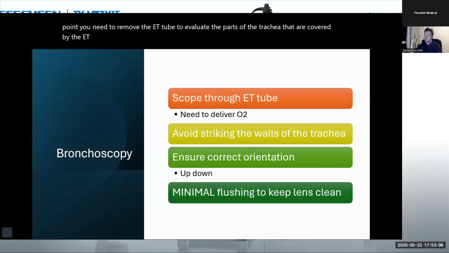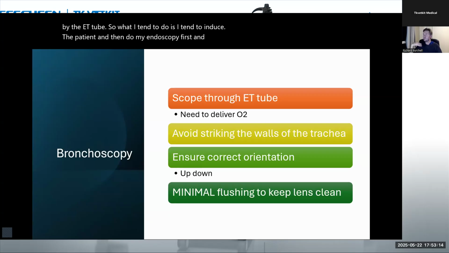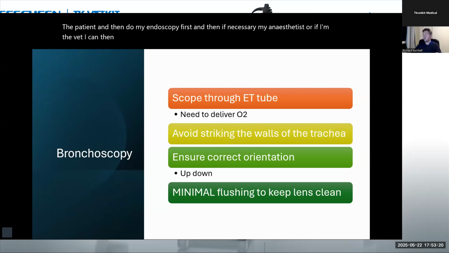So what I tend to do is induce the patient and do my endoscopy first, and then if necessary, my anesthetist, or if I'm the vet, I can intubate for recovery. Often it's not necessary, and so I prefer to do endoscopy without.